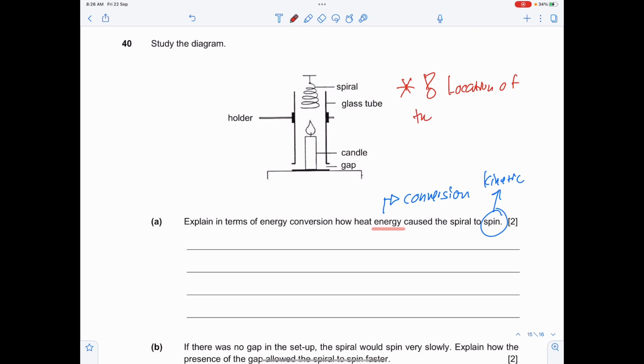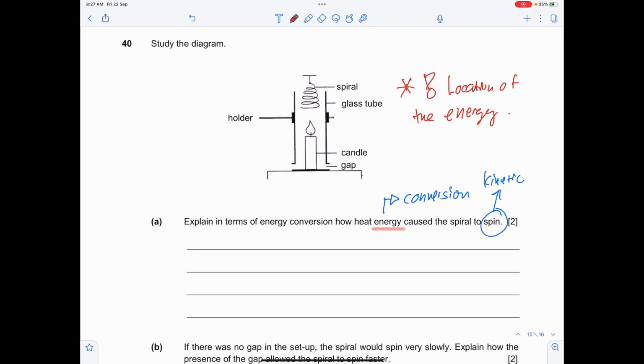of the energy. You cannot just go, okay, kinetic energy, more kinetic energy will be converted to more kinetic energy. I don't quite understand. Or more heat energy will be converted to more kinetic energy. Of where? Of what?